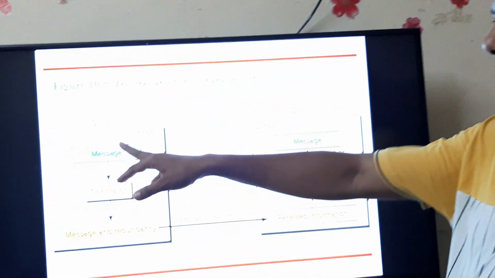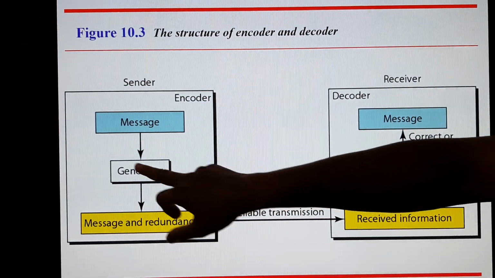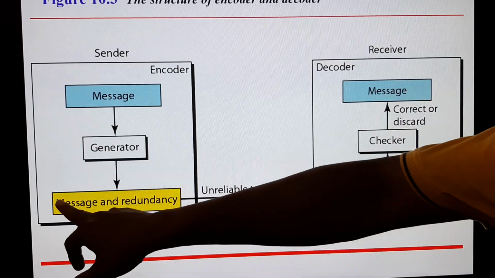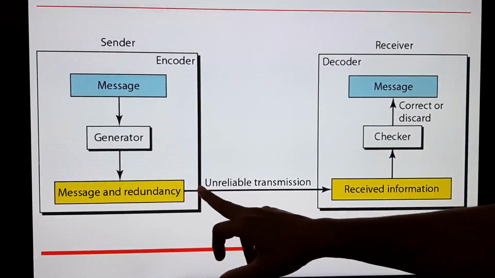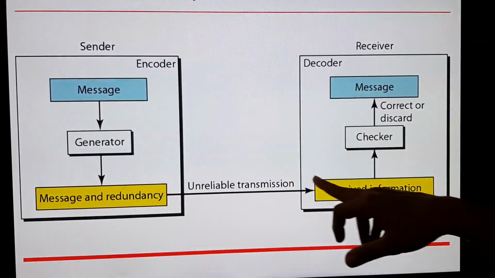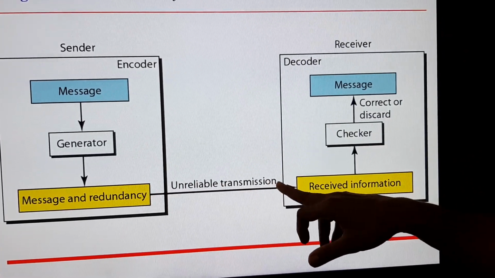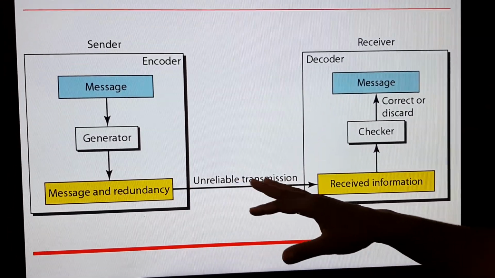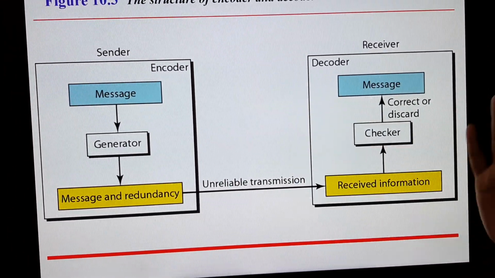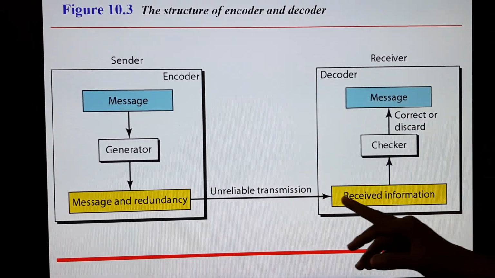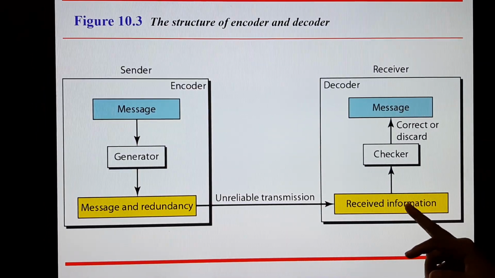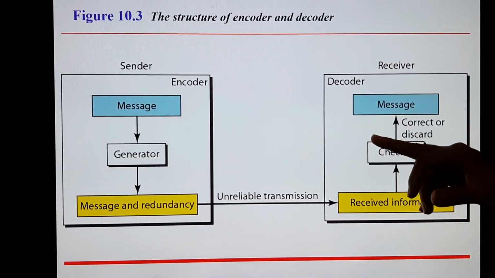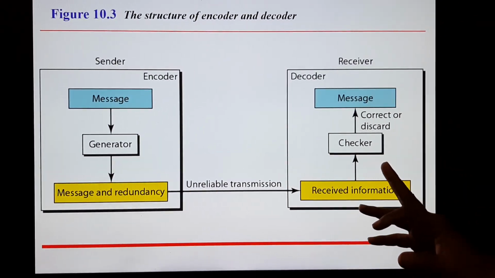See this message. Using the generator, redundancy is generated. Message and redundancy are both transmitted to the receiver using an unreliable transmission, because the transmission medium is a public transmission, so it is always unreliable. At the receiver side, the receiver receives the information, and he knows what formula was used at the sender side to create the redundancy bit.